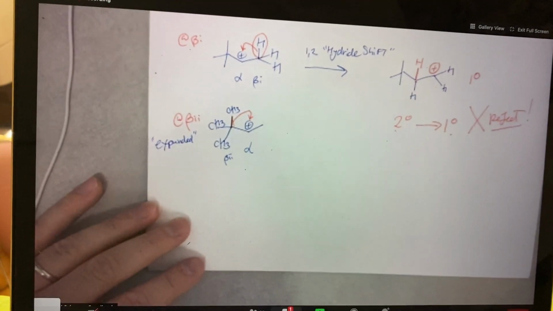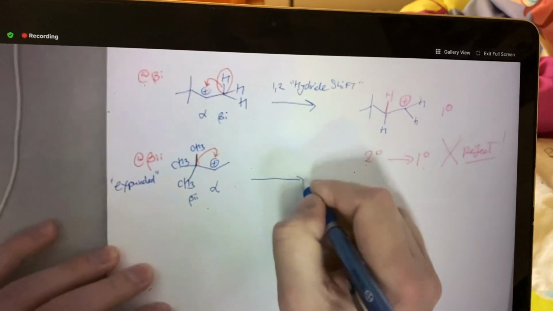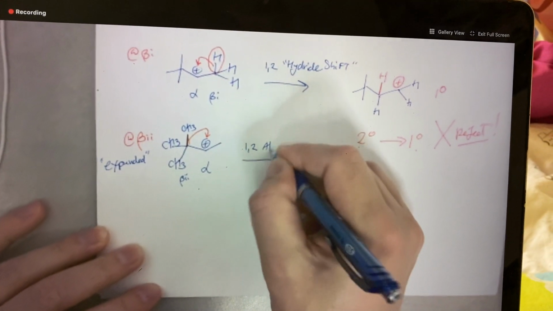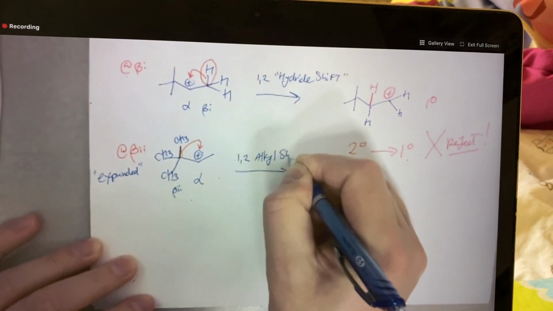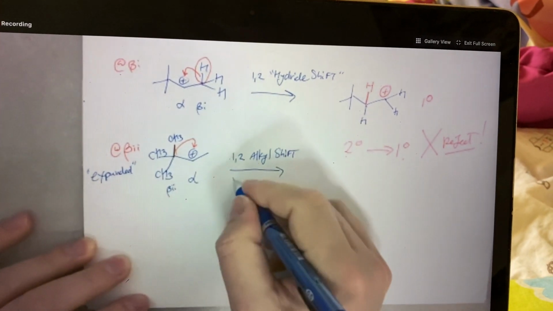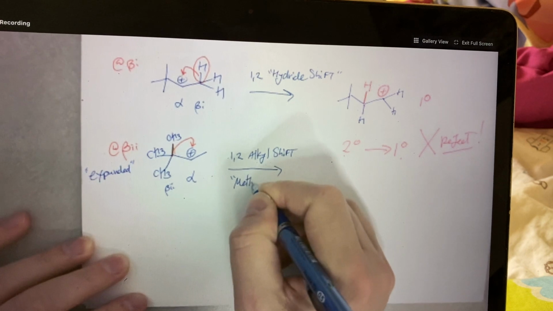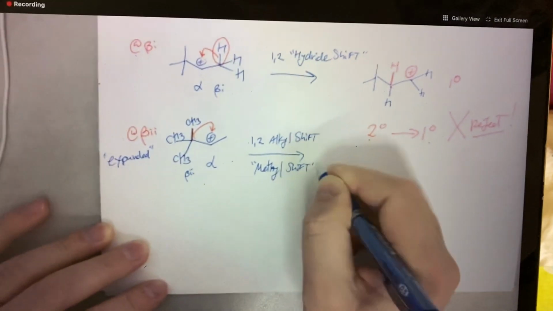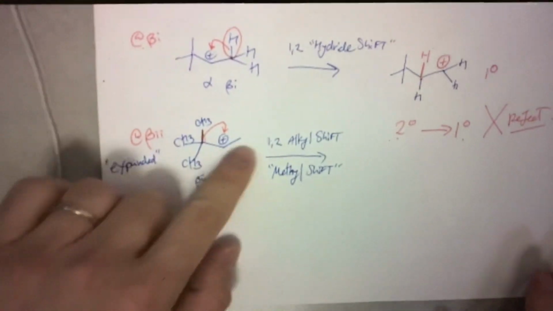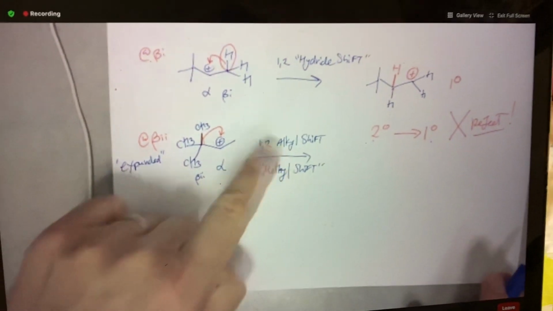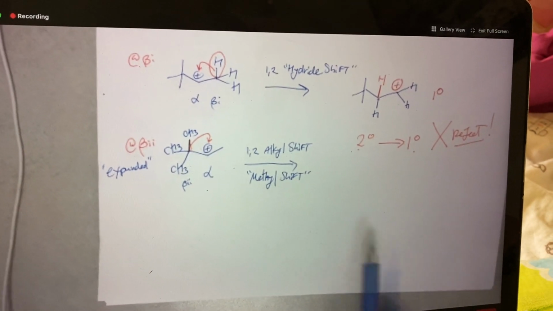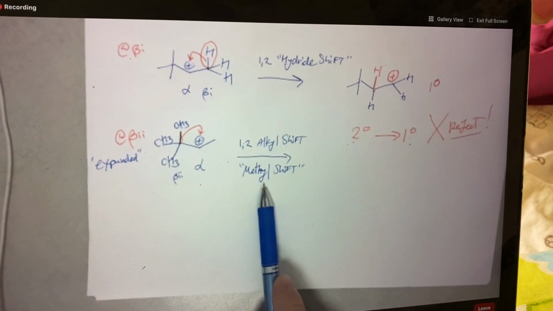We would call this 1,2. We could call it an alkyl shift. But the specific group we're using is methyl. So we could call this a 1,2 methyl shift. Alkyl is a general word for the alkyl substituents. Methyl, ethyl, propyl would all be alkyl, but specifically this would be a 1,2 methyl shift.